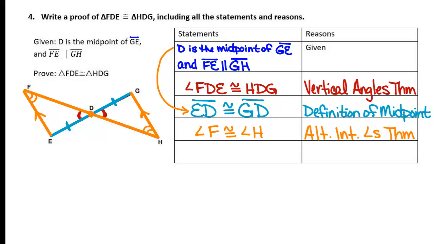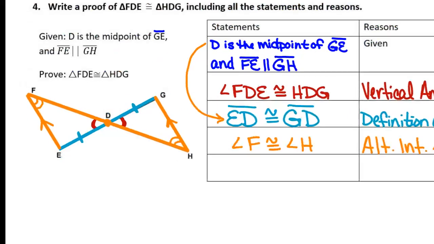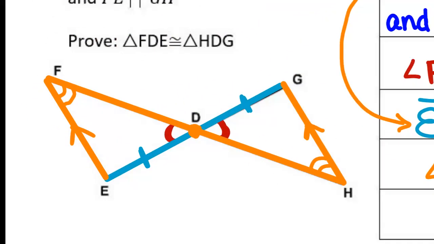Do we have enough information to say that these 2 triangles are congruent to each other? Yes. With the way it's marked up, I would use which congruence method? Am I going to use hypotenuse leg, or are we going to use side, side, side? What are we using here? Side, angle, angle.